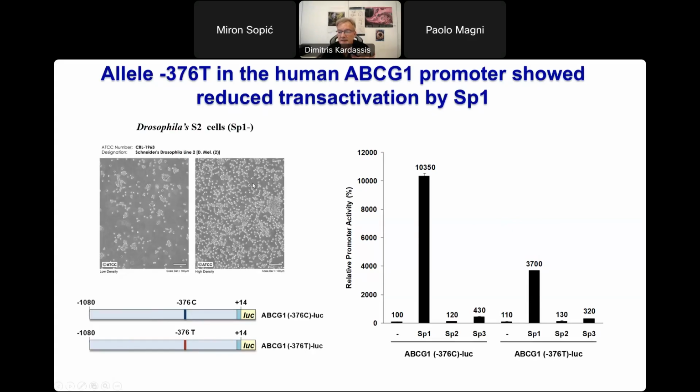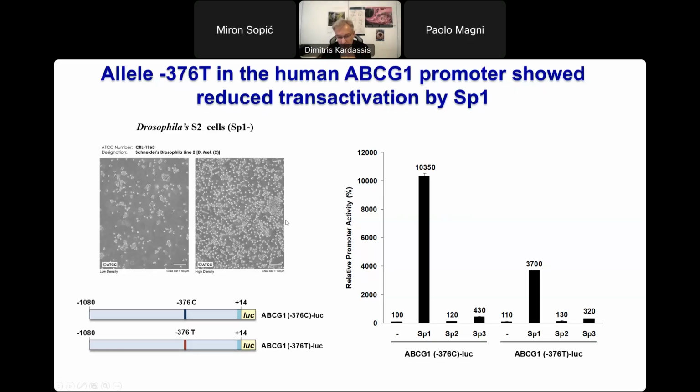There were specific cells from Drosophila which do not express SP1 at all, so that the background is 0. That was very important because SP1 is very ubiquitous and it's very abundant. It's expressed everywhere. So we wanted a cell to have zero background of SP1 so that we see the effect of overexpression of SP1 in these cells.